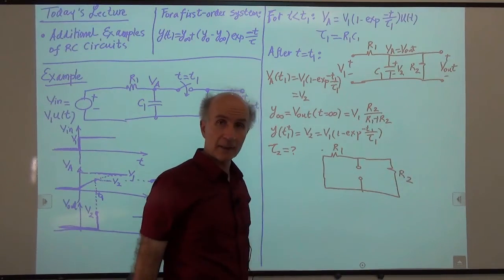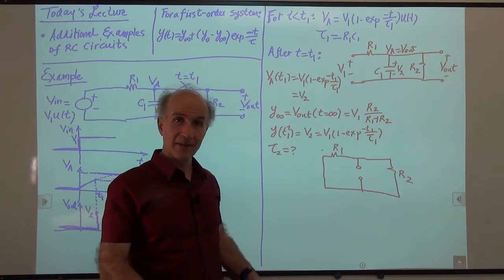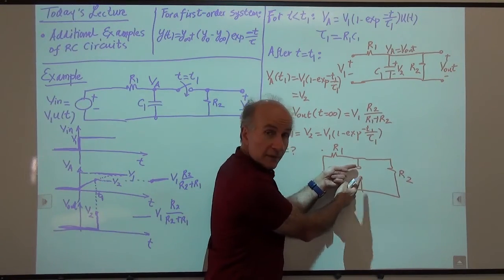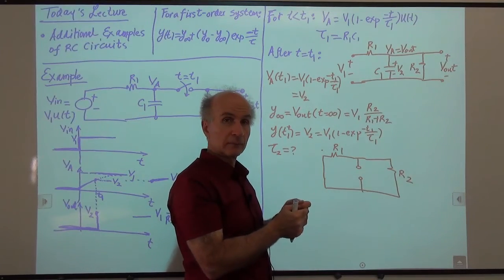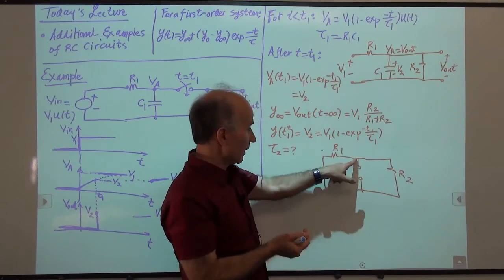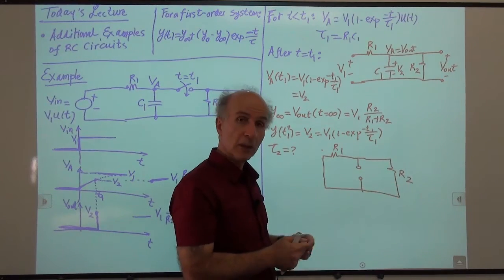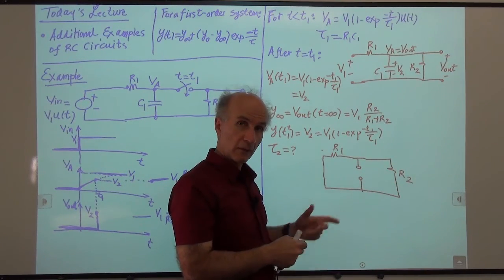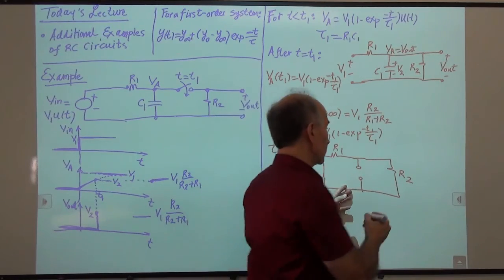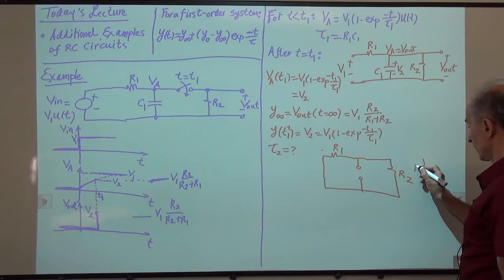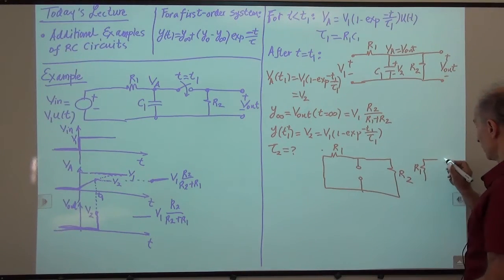And we are asking ourselves, how much resistance does the capacitor see if we sit here and measure the resistance between these two? Okay, this is easy enough. You see R1 between these two terminals in parallel with R2 between these two terminals. If you don't see it right away, you can draw it like this. Draw R1 vertically, R2 also vertically.